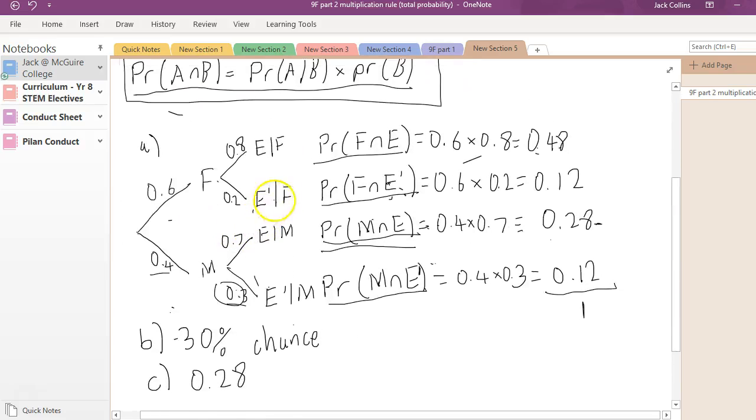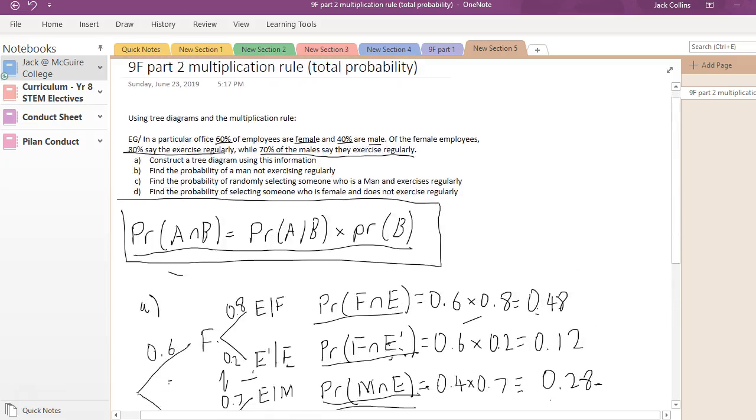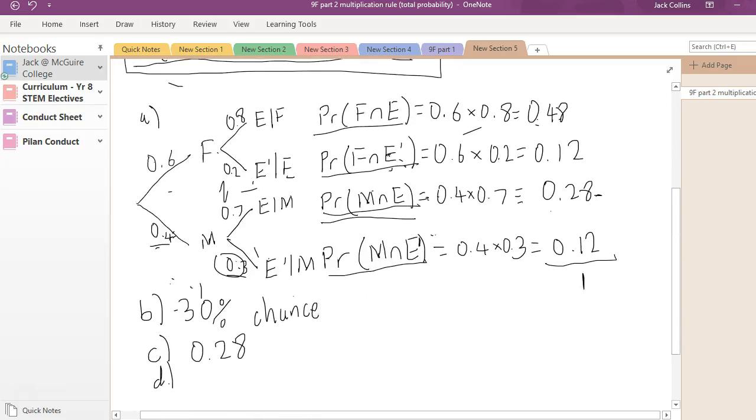That would be 0.12, reading along the branches, 0.6 times 0.2, which is 0.12.